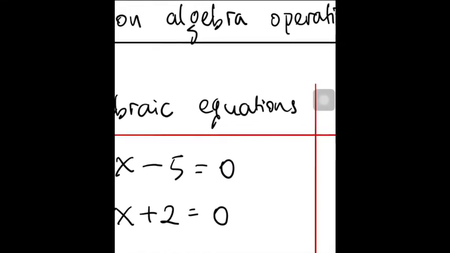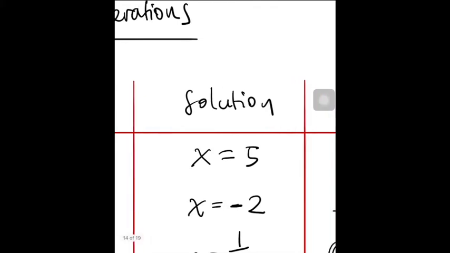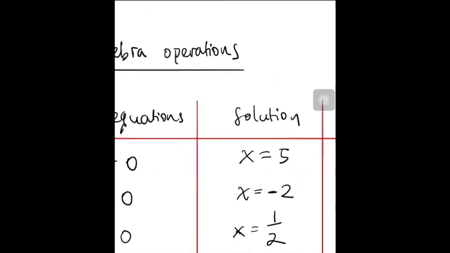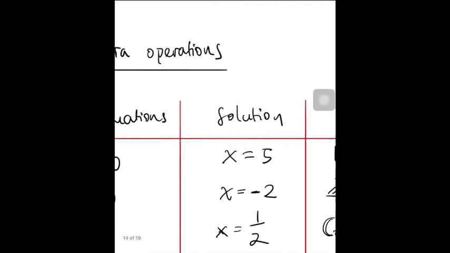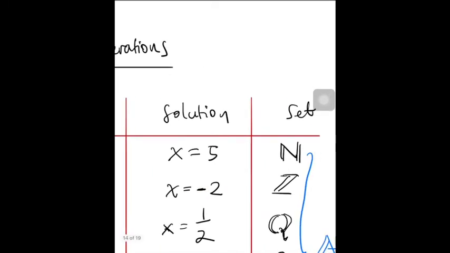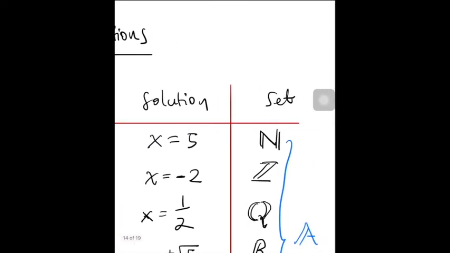From the first one, x minus 5 is 0, so x is equal to 5, and this is our natural number. Then if we have x plus 2 is 0, we have a new number with a negative sign. It's in the integer world. We call that integers. It's like a Z here, from Zahlen in German.